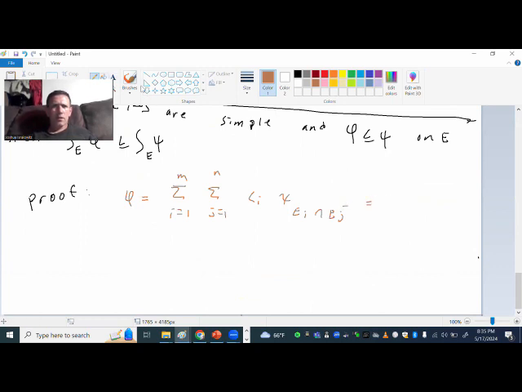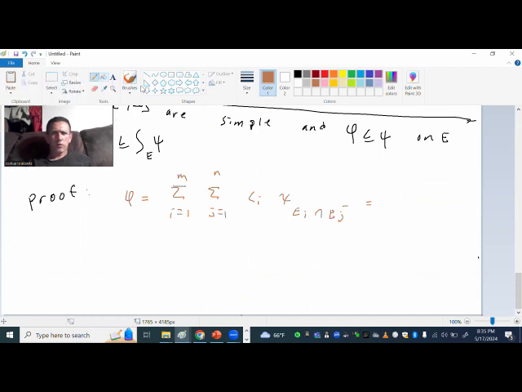Let me move this over so I have more room, a lot more room. I'm writing it to make things clearer. It might seem silly, but there's a reason to do this.